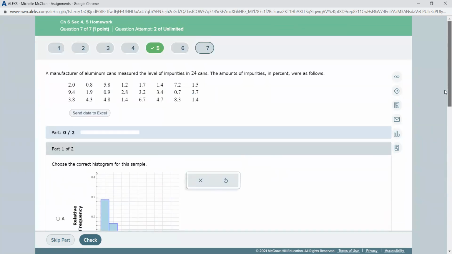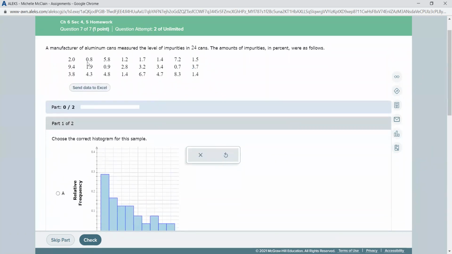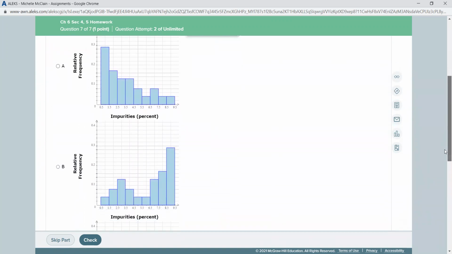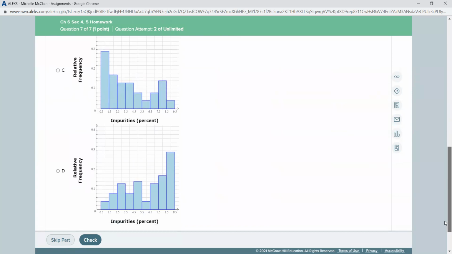So 0.5 to 1.5. And I'm just going to quickly count and see how many that would be. So 1, 2, 3, 4, 5, 6, 7, 8. So it looks like there is a good amount of data with that first class. So I'm thinking either A or C right now.